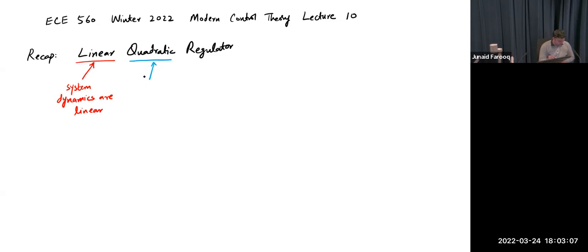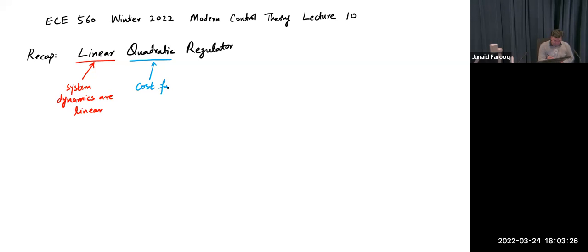So if you remember, we defined a cost function over a time horizon in the form of an integral, and the structure of the cost function was a quadratic form of the state vector and the input vector.